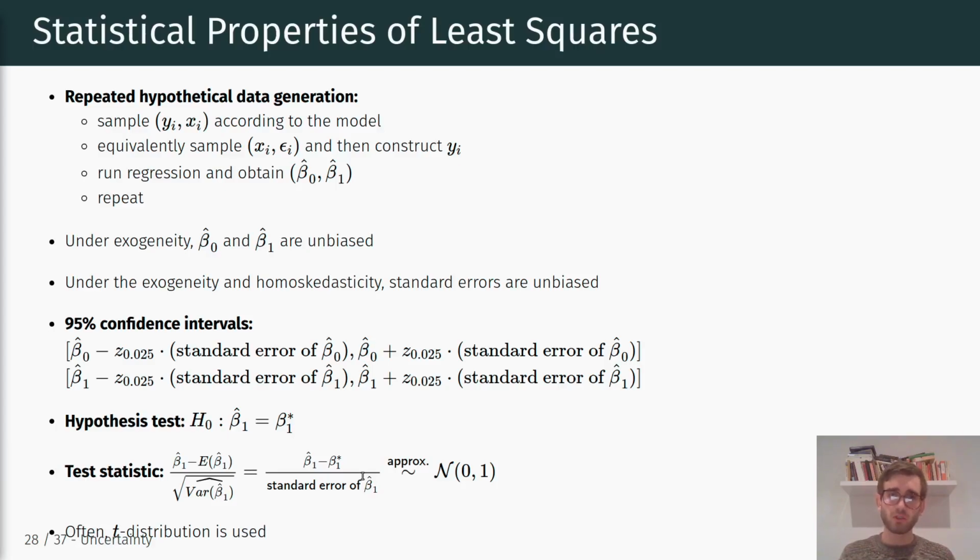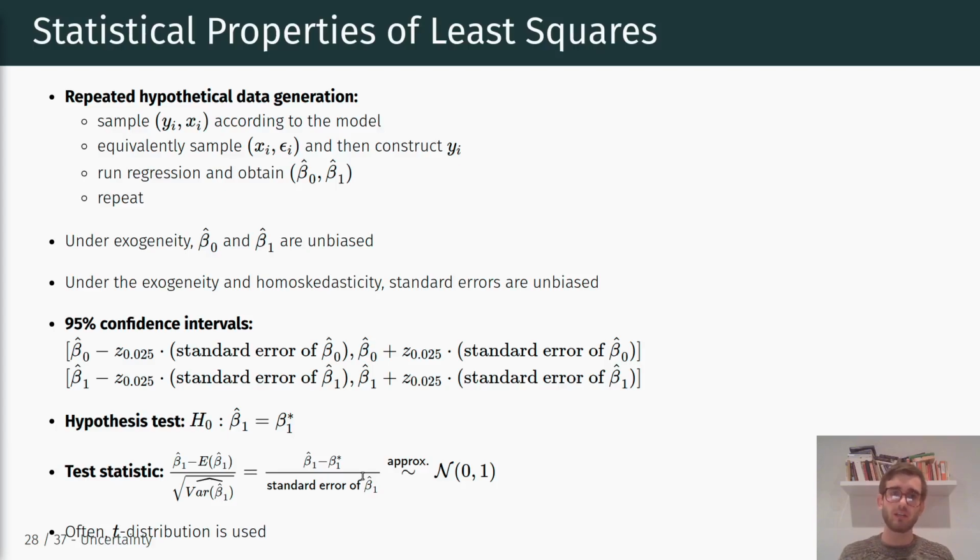The t-distribution usually requires that the underlying variables or parameters are normally distributed, which is not necessarily the case. But keep in mind that for large sample sizes, the t-distribution approaches the normal distribution.